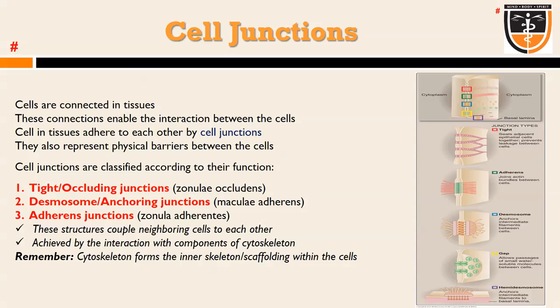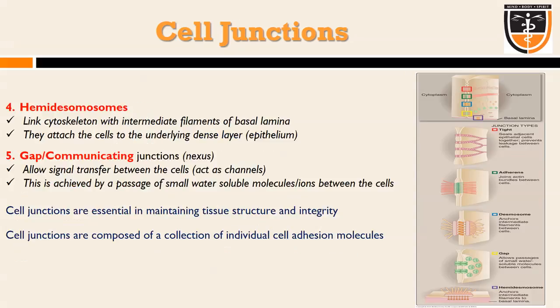So they attach two cytoskeletal structures from one cell to the other, indirectly through these proteins. These are known as adherens junctions. As you know, the cytoskeleton is the skeleton inside the cells, so the skeleton of one cell will be attached to the skeleton of the other cell through adherens junctions.